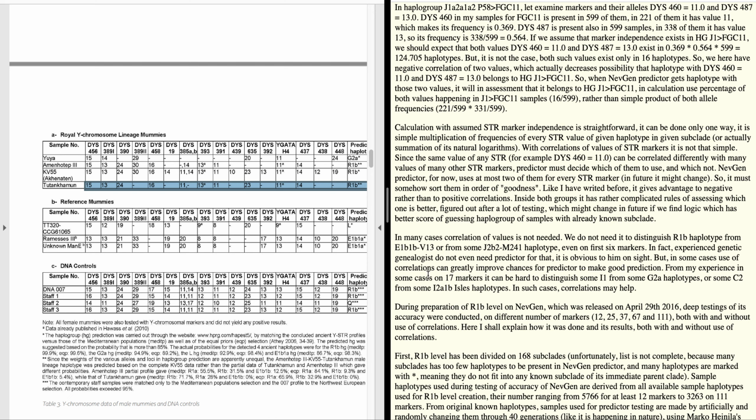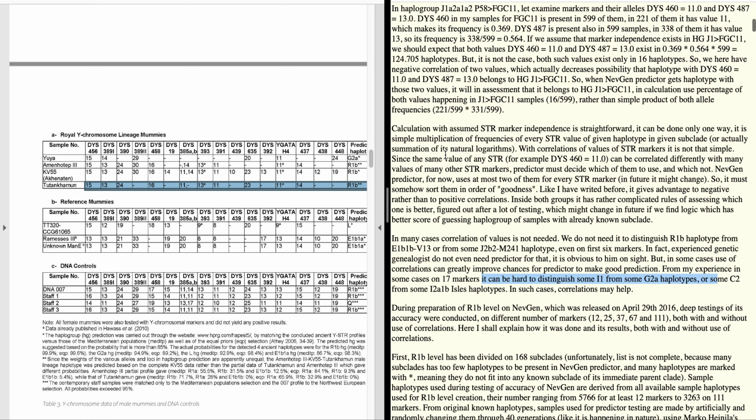From my experience, in some cases, on 17 markers, it can be hard to distinguish some I1 from some G2a haplotypes, or some C2 from some I2a1b haplotypes. So I'm wondering if it's the same thing for other haplotypes also.